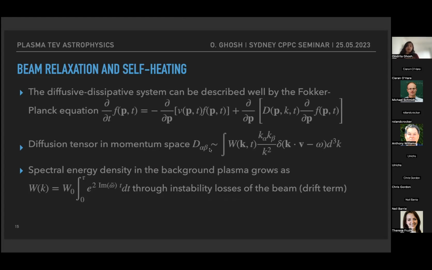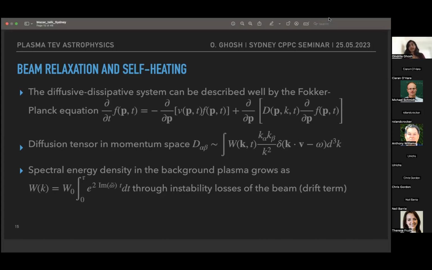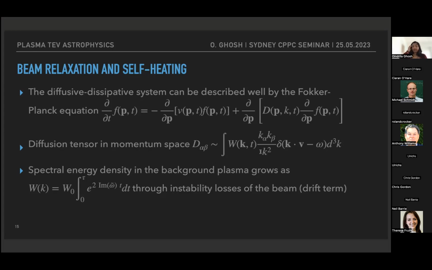So both the instability-associated energy losses and this quasi-linear relaxation of the beam could be expressed together in a closed-form Fokker-Planck equation. And the diffusion tensor here in momentum space can be described in terms of the spectral energy density of these beams.